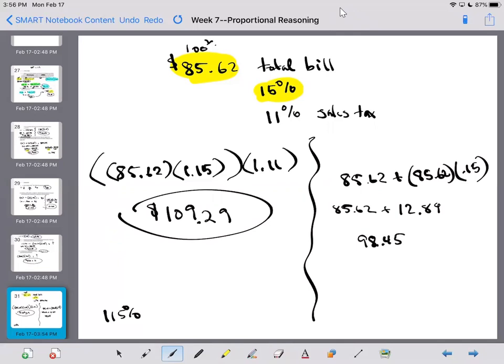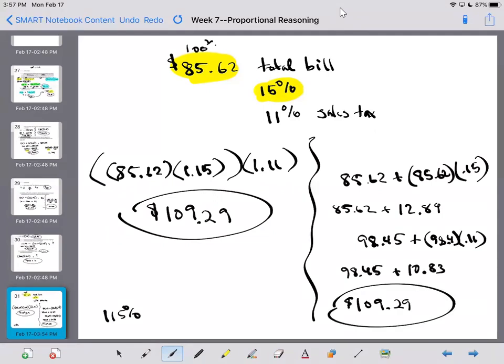But I also need to add the tax, which is 11%. So the $98.45 multiplied by 11 hundredths is $10.83 plus the $98.45. And you get $109 and approximately 29 cents. So different ways to work that.